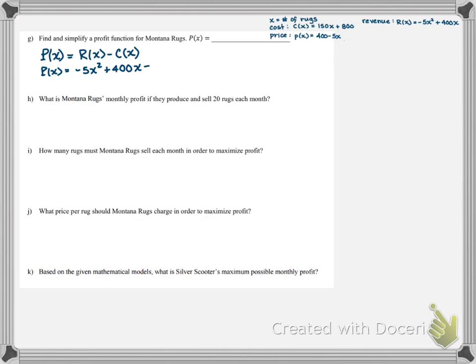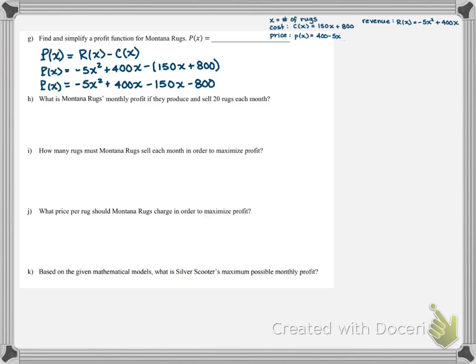So I need parentheses around the whole thing. So minus 150x plus 800. So I'll distribute that negative. Minus 150x minus 800. So that gives me my profit function.